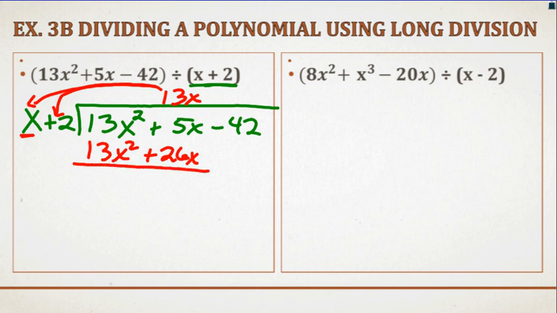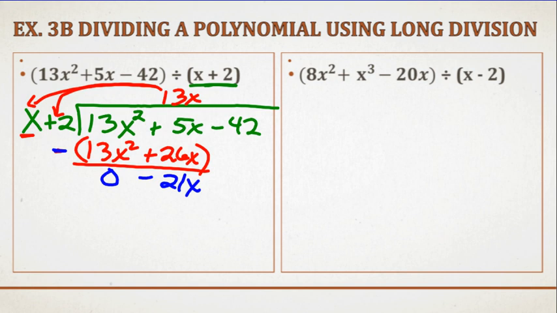Now in long division, after you multiply it on the top, now you need to subtract below. So I need to subtract all of this. So if I'm subtracting all of that, that means I need to change all the signs inside. So it's 13x squared minus 13x squared, that's 0. 5x minus 26x is a negative 21x.